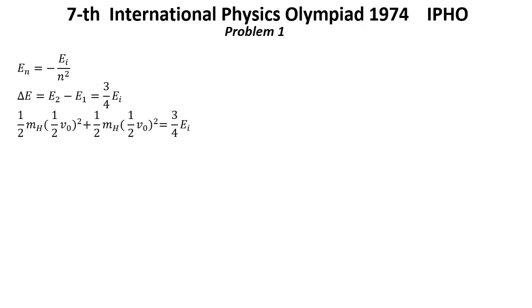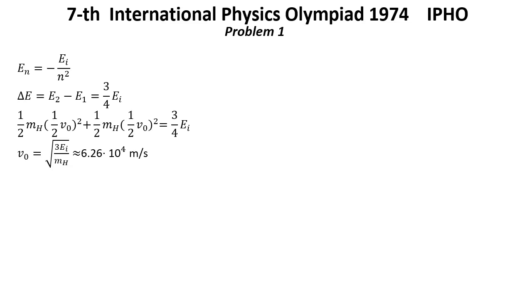Thus, we have 1/2 mH multiplied by (1/2 v0) squared plus the same 1/2 mH multiplied by (1/2 v0) squared must be equal to 3 over 4 EI. From here we find that v0 equals the square root of 3 EI over mH, which is approximately 6.26 multiplied by 10 to the power 4 meters per second.